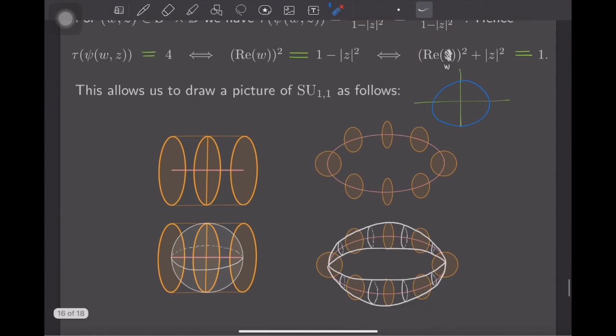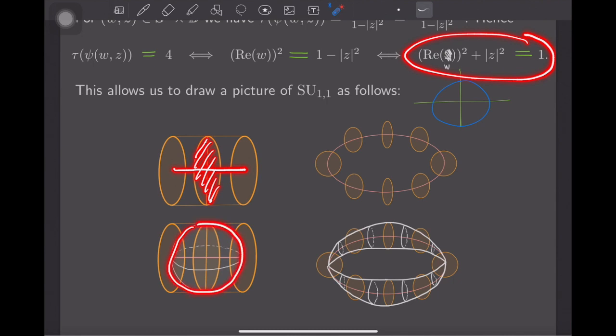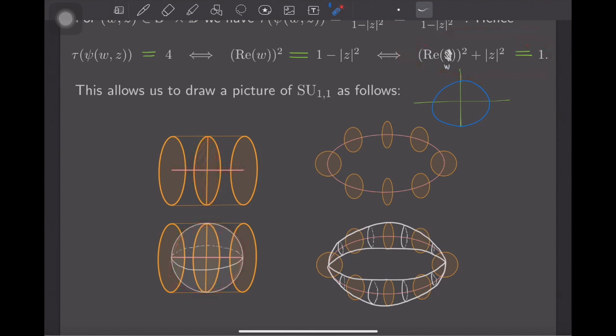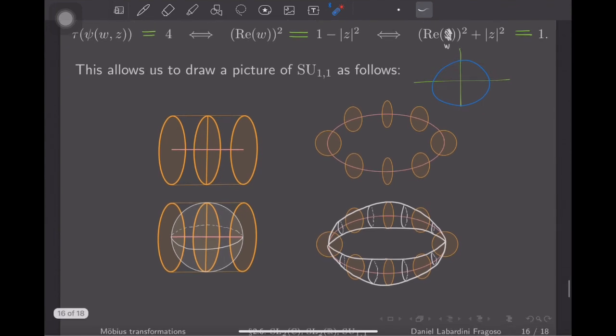So here you see I have the disk where Z lives, and I have the real part of W. This gives me the white sphere, right? But that's the white sphere in which I use the real part. So I have to go back to actually take the circle, right? So this one I have to undeform onto this half part of this, where I really have a torus, but of course I couldn't draw all the circles, right?